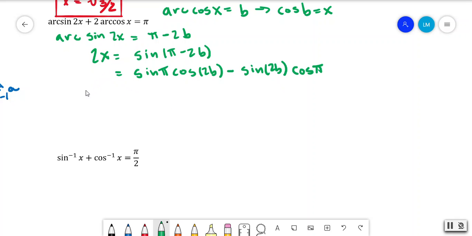Okay, so this gives us 2x equals positive sine 2b.